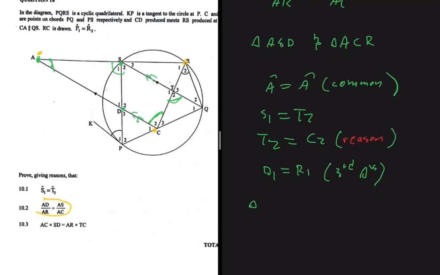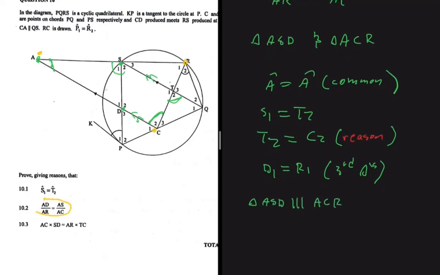So we've proved that ASD is similar to ACR, right? So now we can say that AD divided by AR is equal to AS divided by AC, right? We can only have those ratios if we've proved that those two triangles are similar to each other.